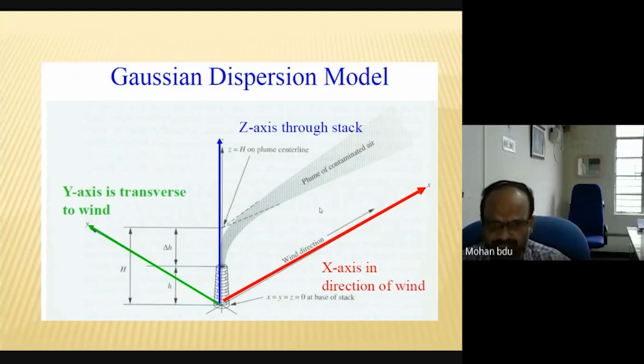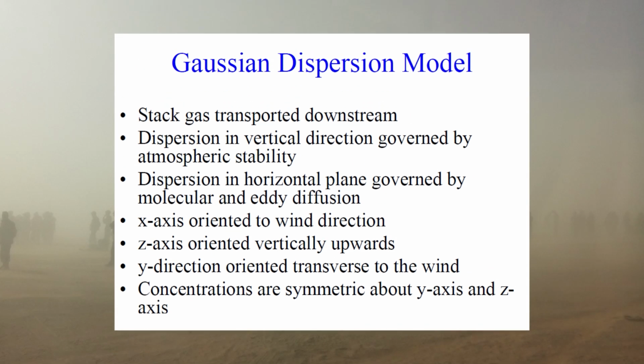So that axis is called y, and then the plume also spreads vertically. So that is the z-axis. All the three axes are perpendicular to each other. X-axis, y-axis, and z-axis are perpendicular to each other, and there is a central line in the plume. So the model considers the gas transported downstream.